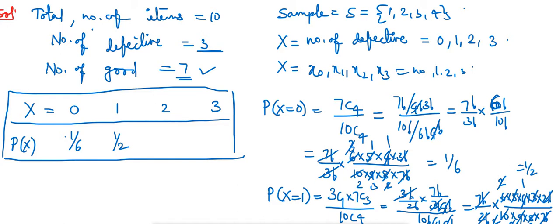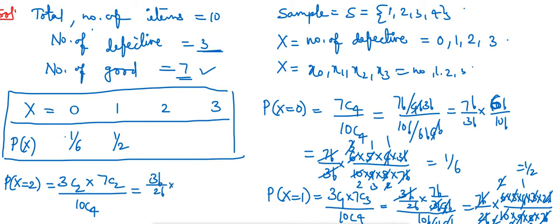Next we find the probability of X equal to 2. That is 2 defective selected from the defective ones and 2 from the good ones. From the 3 defective we select 2, and from the 7 good ones we select 2, divided by 10C4. It is equal to 3 factorial by 2 factorial into 7 factorial by 5 factorial into 2 factorial, by 10 factorial by 6 factorial into 4 factorial.